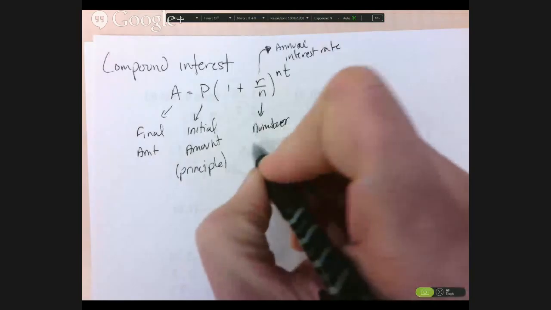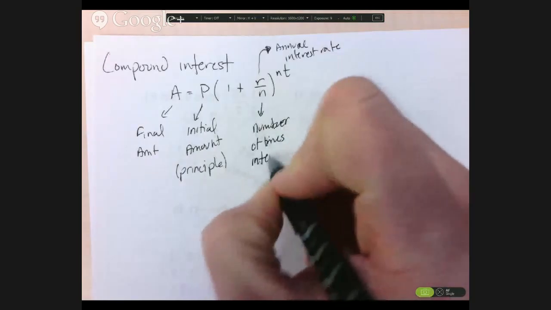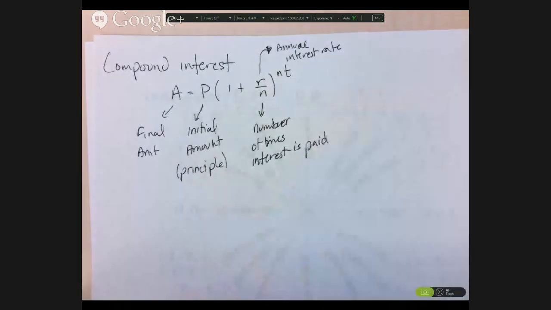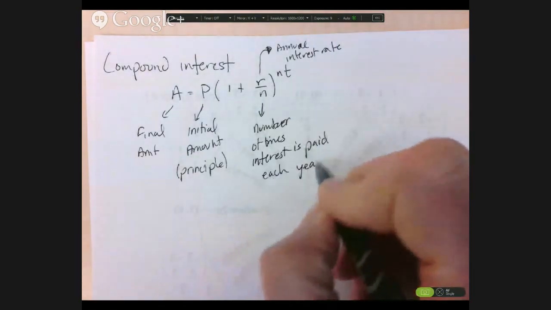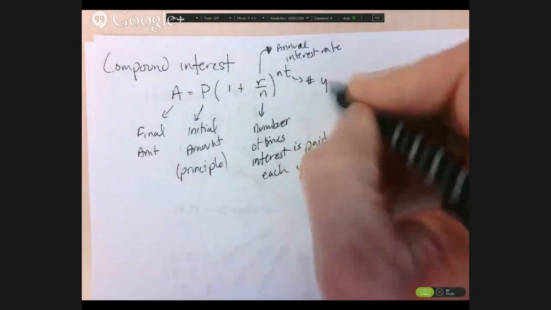N is the number of times interest is paid each year. Okay, and then T is the number of years.